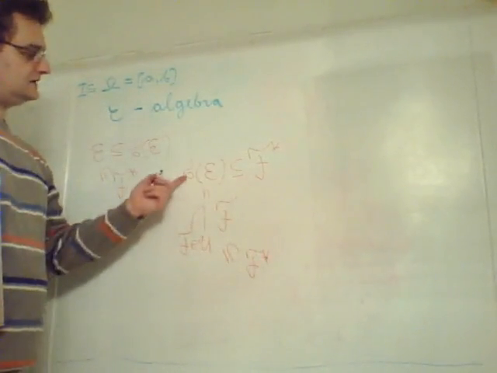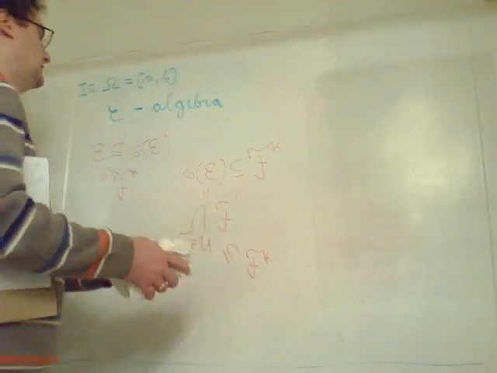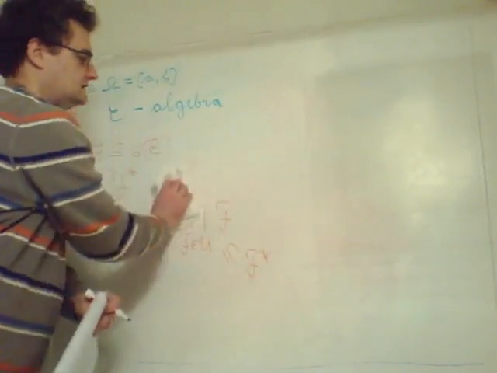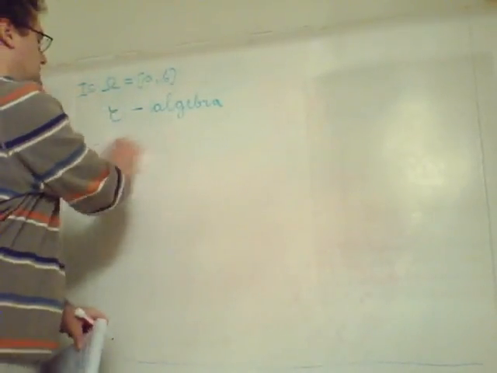So we see that sigma of E is a subset of F star. Okay, so we showed that sigma of E is the smallest sigma field containing E, the smallest in the sense of inclusion.